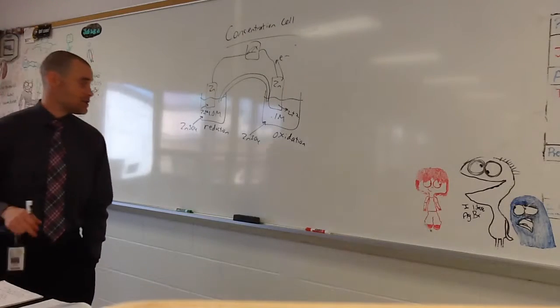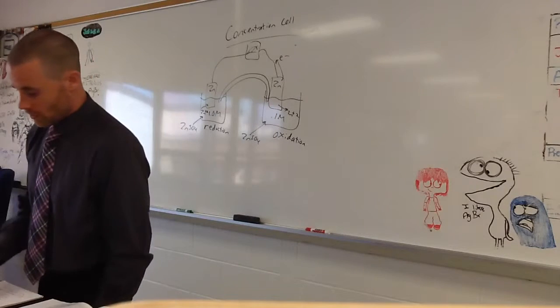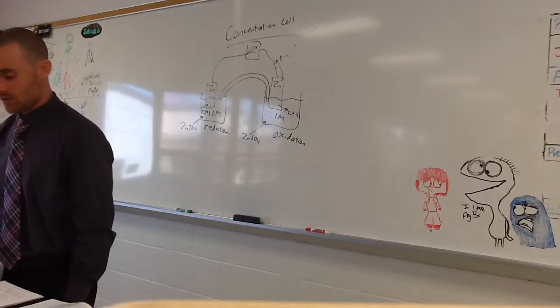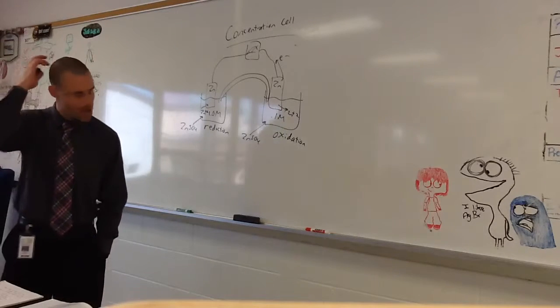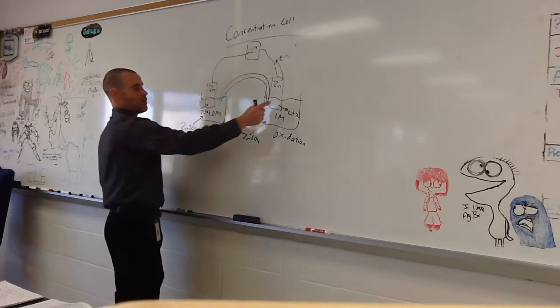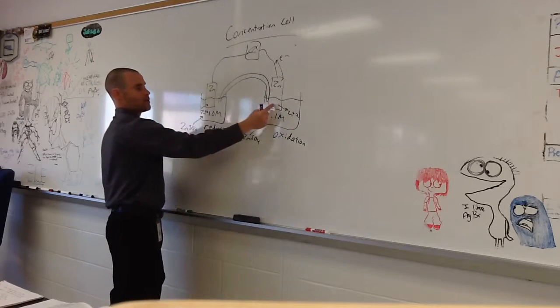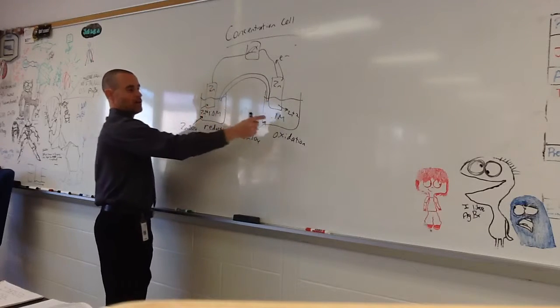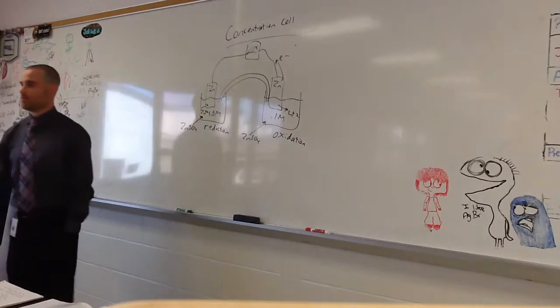In concentration cells, let's see what I wrote here. It said the direction of spontaneous electron flow can be determined by considering the direction needed to reach equilibrium. Right. So to reach equilibrium, what's going to happen to the concentration of the Zn2+ ions inside these two?